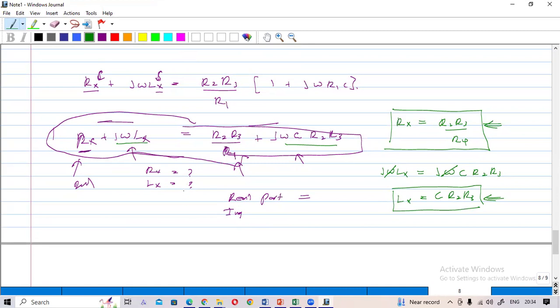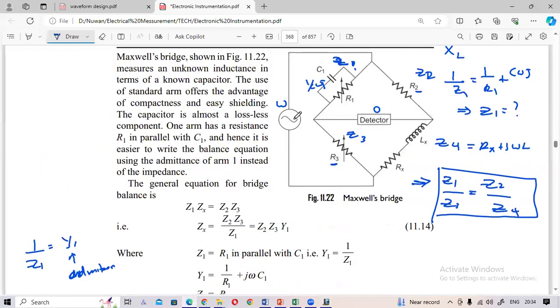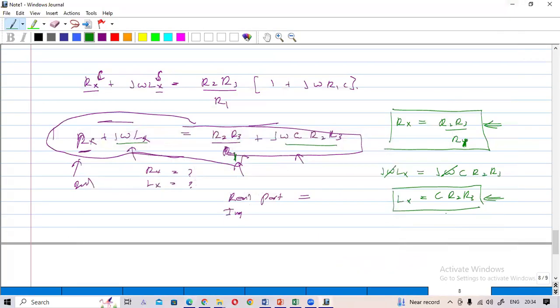Then Lx is equal to C1 R2 R3. C1 is this one; we have put it as C, so this should be C1. So maybe you understand how we can find Rx and Lx. That is what you need to know.